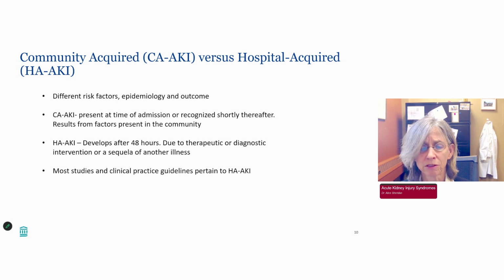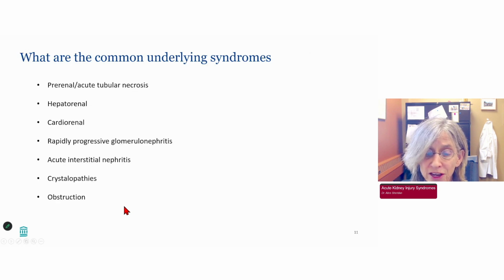And in fact, the data that informs our guidelines were derived in hospitalized patients from high-resource countries like our own. This is important because the majority of AKI actually occurs in lower resource settings in developing countries and is community acquired. With that caveat, what are the common causes of hospital AKI that we see as practicing nephrologists? Well, a weekend on consults, and most of us will see this.